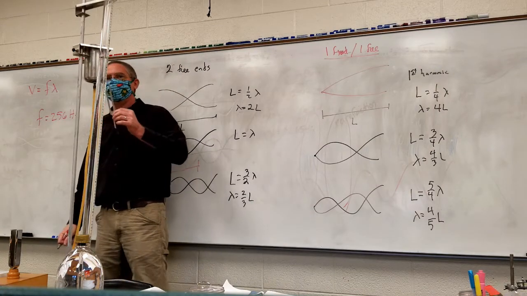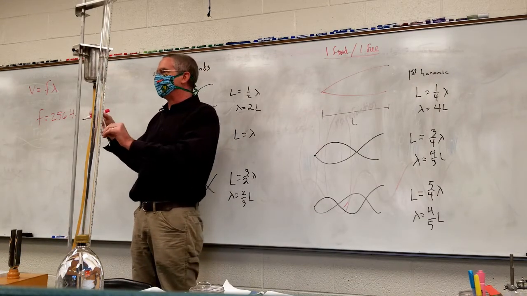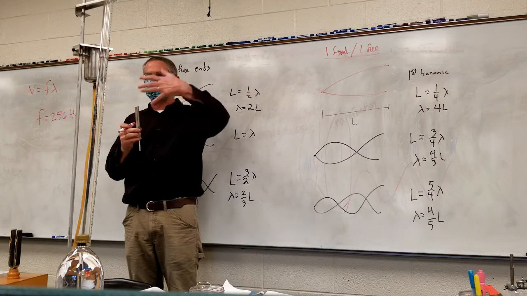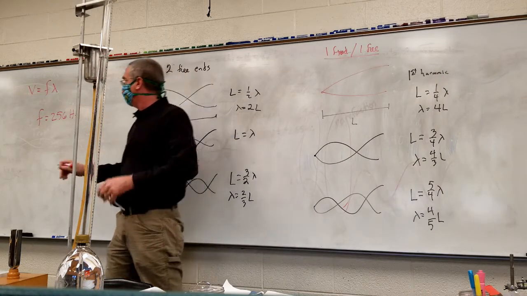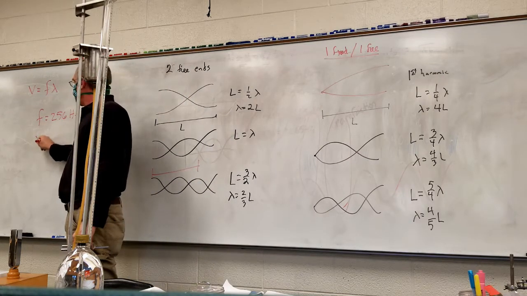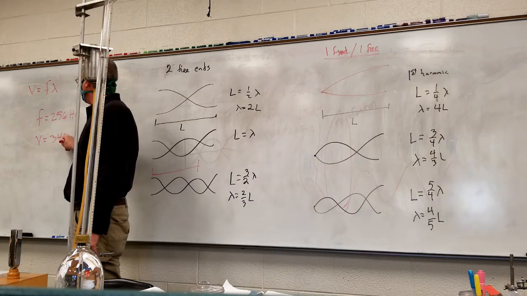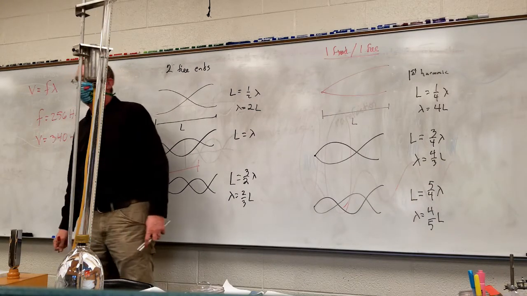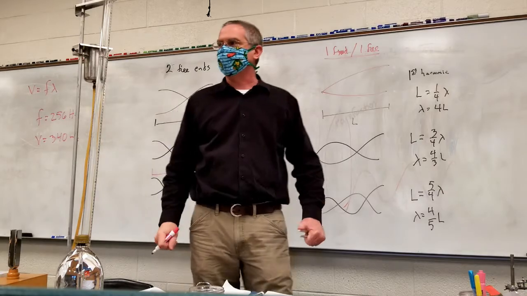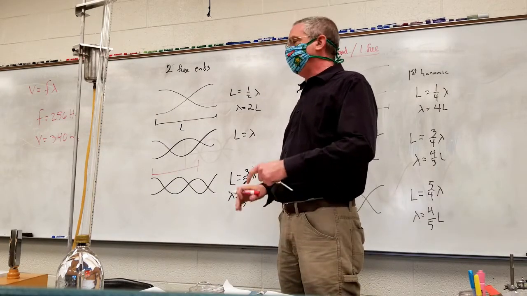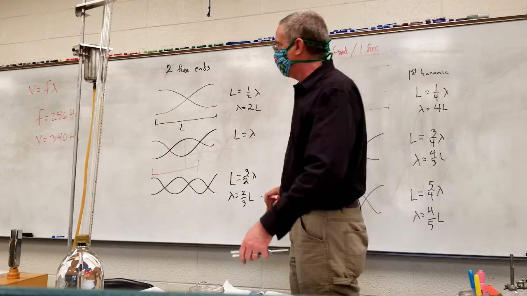The speed of the wave, I'm not talking about how fast this thing's vibrating, I'm talking about the speed of the wave that's produced, basically the speed of sound, is roughly 340 meters per second. It is dependent upon the temperature, so it's not an exact number, but we'll go with it.